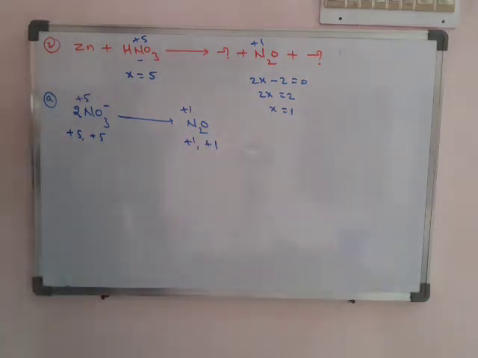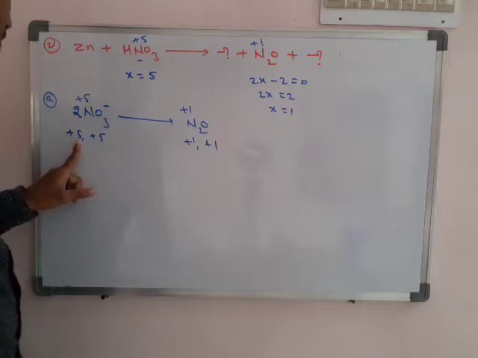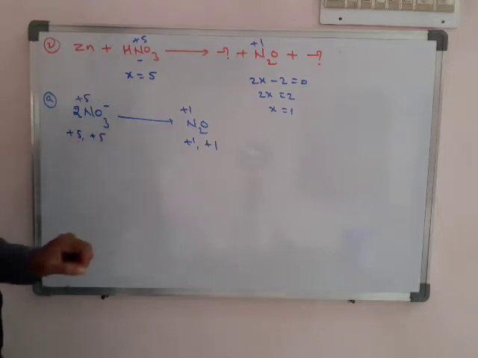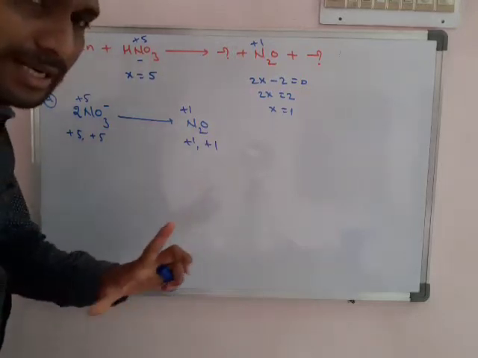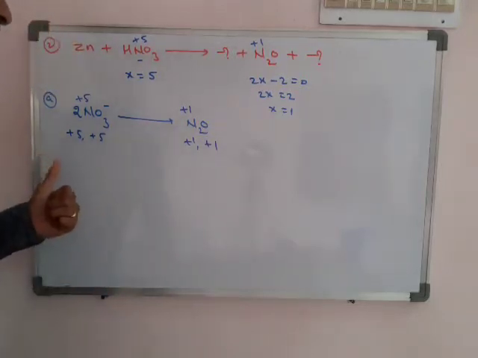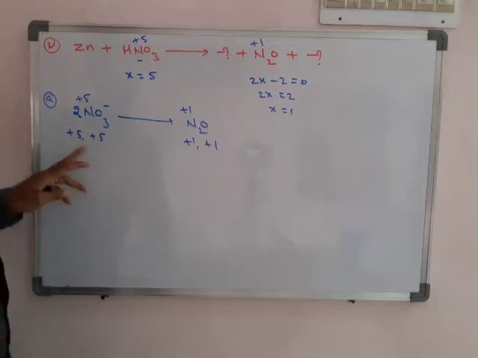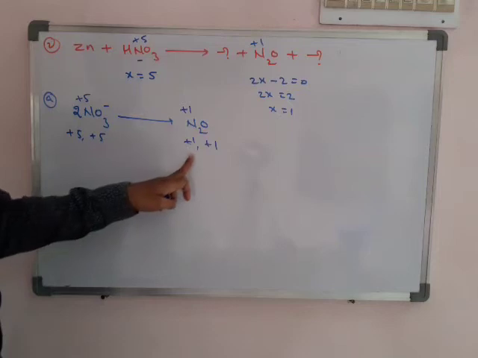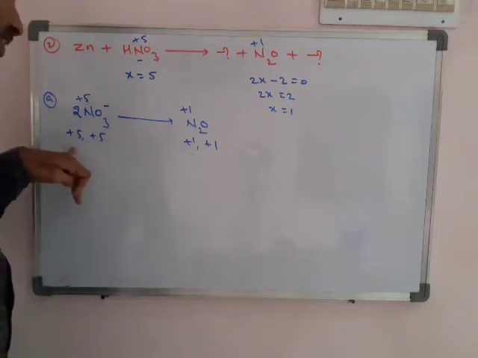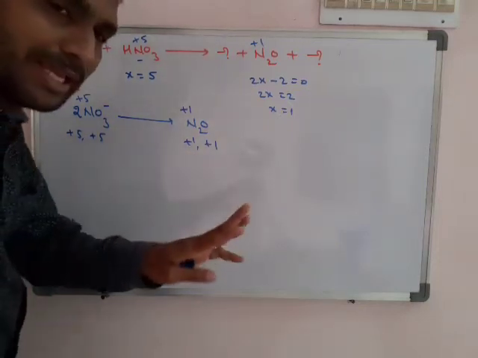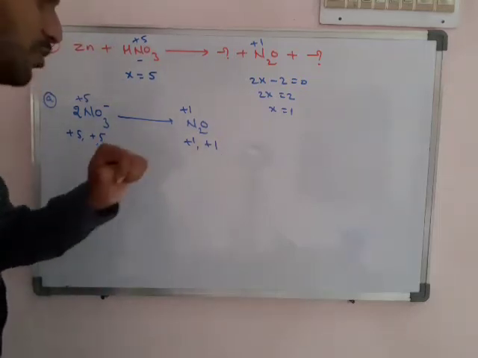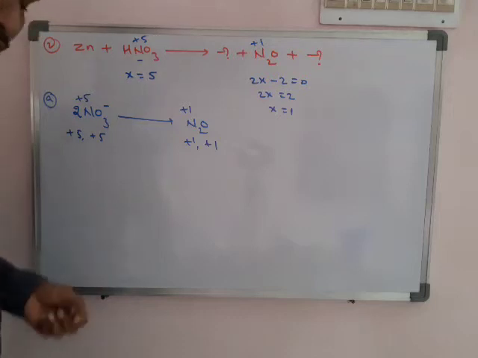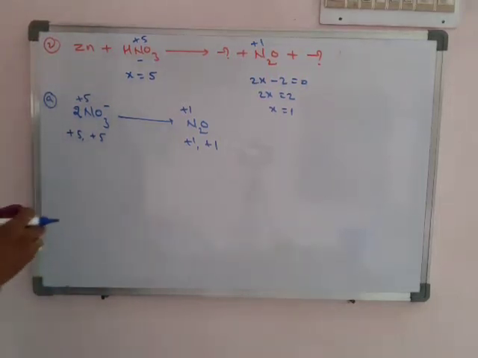So what is the change in the number of electrons? Actually, one nitrogen goes from plus 5 to plus 1. So the oxidation number decreased. Oxidation number decreased means it is a reduction. Reduction is nothing but the gaining of electrons. How many electrons gained? It gained 4 electrons. One nitrogen becomes plus 5 to plus 1. When is it possible? By gaining 4 electrons. For the other nitrogen also plus 5 to plus 1, by taking one more 4 electrons.